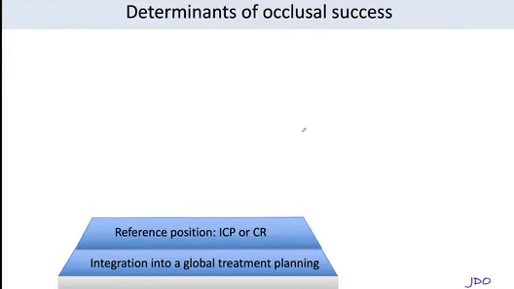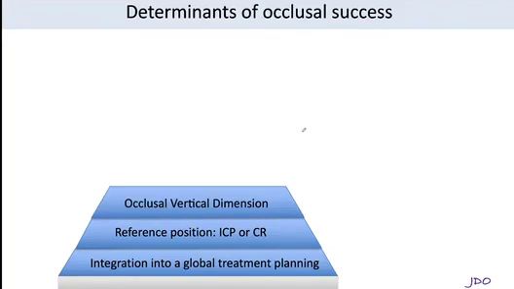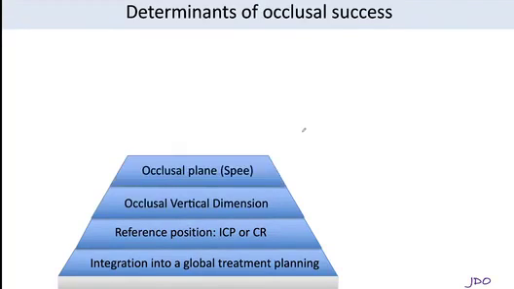The second point is the choice of reference position: clearly, ICP or centric relation, for example. The third point is the choice of vertical dimension. The other point is the organization of the occlusal plane, the occlusal curve.